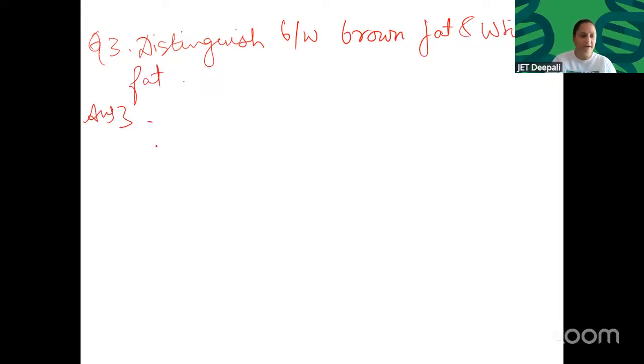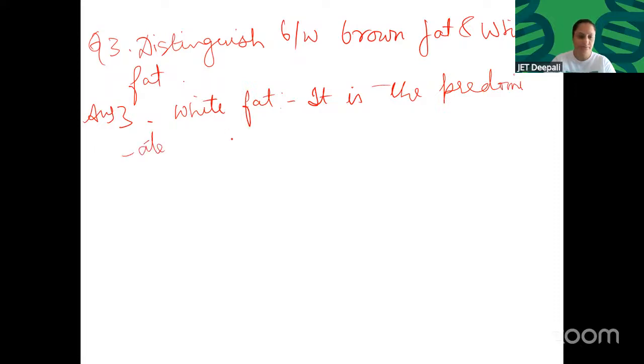White fat is the predominant, dominate type in the adults. The adipocytes of single layer.